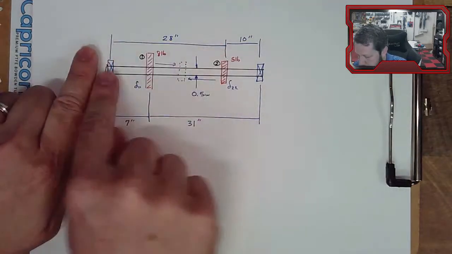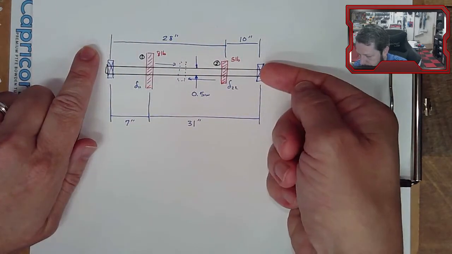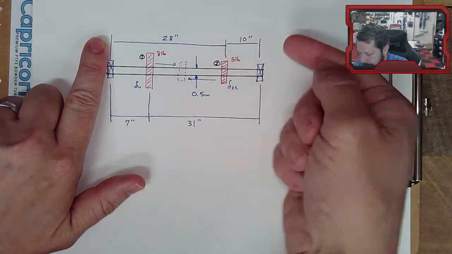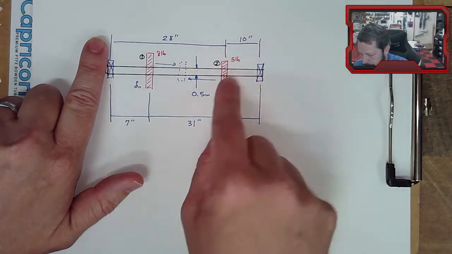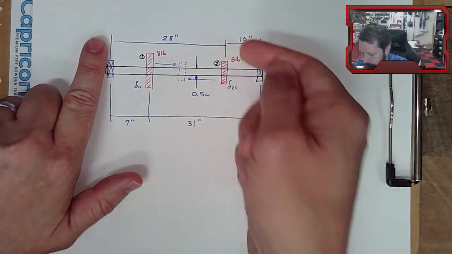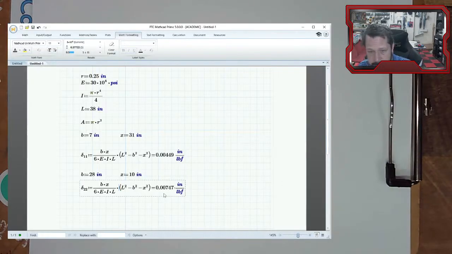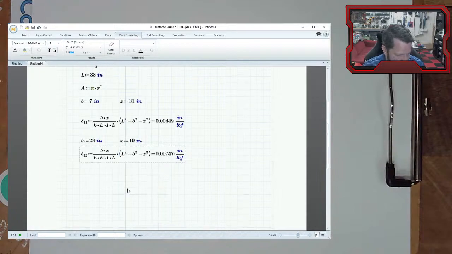B is the 28 inches and X is measuring out to point 2, which is 10 inches. So I get a small number, but slightly larger, 0.0747 inches per pound. Okay, so those are our two influence coefficients.